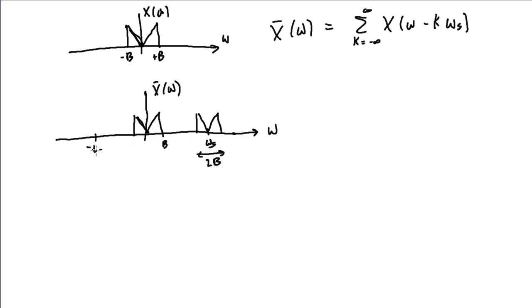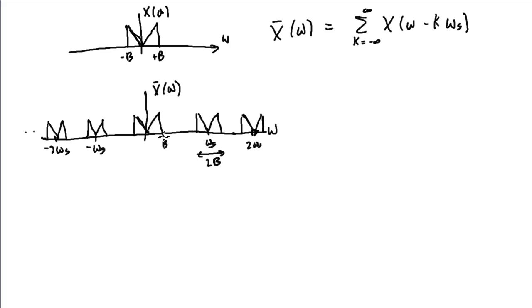And then also at minus omega s corresponding to k equal minus 1. This would continue at 2 omega s, minus 2 omega s, at 3 omega s, 4 omega s, on and on and on forever. So this Fourier transform of this ideally sampled signal actually has infinite bandwidth.